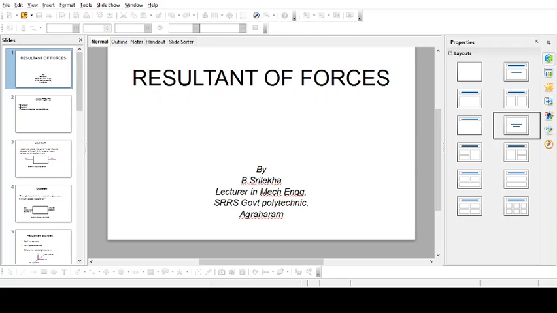Prior to resultant of forces, let us recall the previous lecture that I delivered on the laws of forces. Various laws we have explained. First one was the parallelogram law of forces. What does it state?